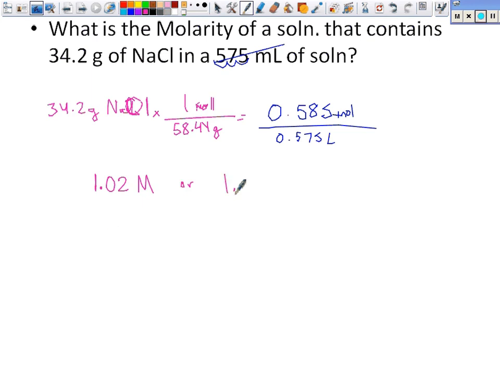Or, well, you said it? Brackets. If you write the brackets, do you have to include the M? No. Brackets are sufficient. You could write it all 3 of those, and all 3 of those stand for the exact same thing. They all stand for concentration.